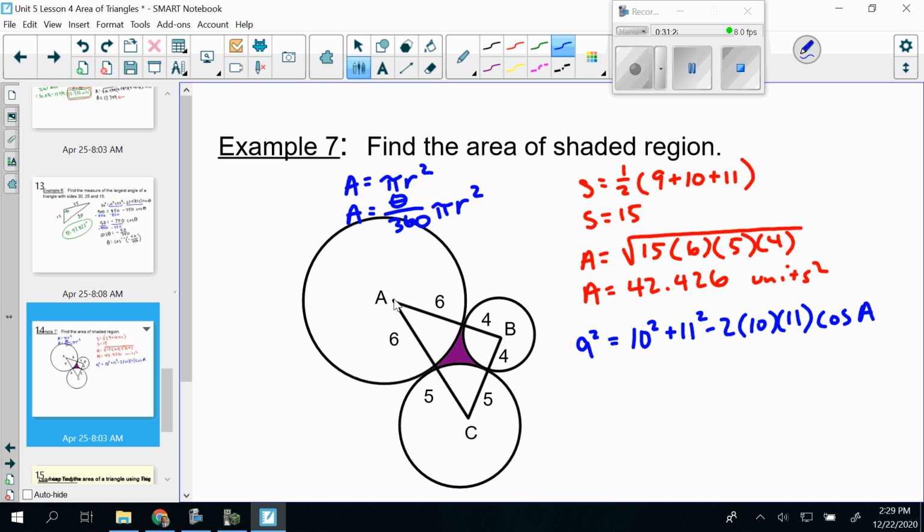So 9 squared is 81, and 10 squared plus 11 squared is 100 plus 121, which is 221. Then 2 times 11 times 10 is 220. Now remember, you have to subtract here. Don't put these two together. We have to subtract 221 to the other side.